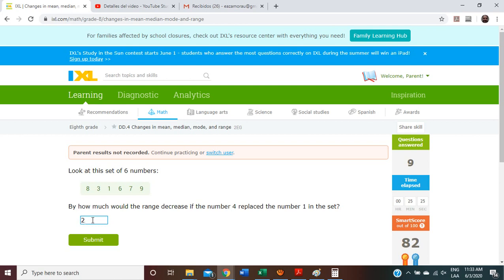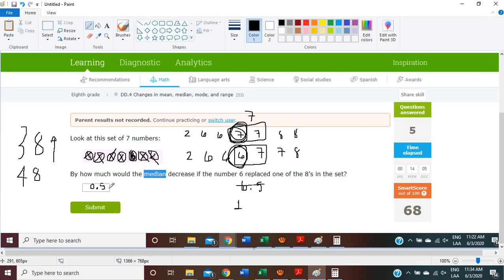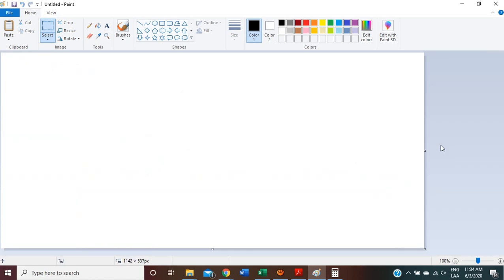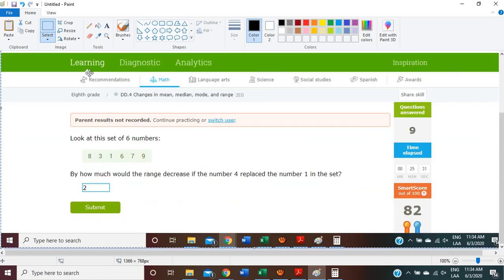Okay, again, I am going to repeat it one more time. The original, let me print it and paste it. Sorry about that. All right. Now we have from 1 to 9 a difference of 8. So our range, I'm going to mark it as an R. Our original range is 8.